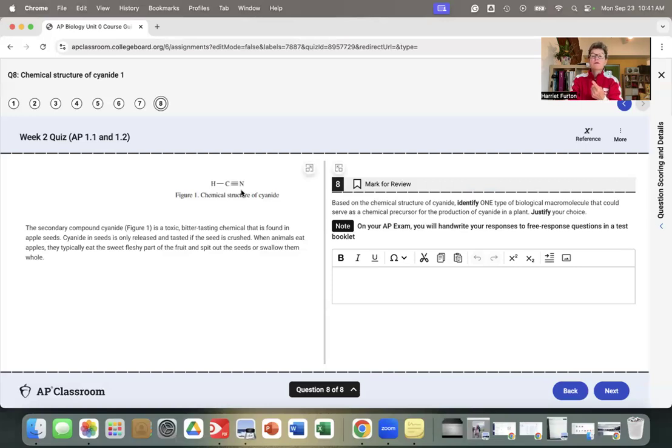The precursor is a protein or nucleic acid, and the justification is that the protein or nucleic acid contains nitrogen, and the cyanide contains nitrogen. The protein or the nucleic acid must be the precursor for making cyanide by the plant.